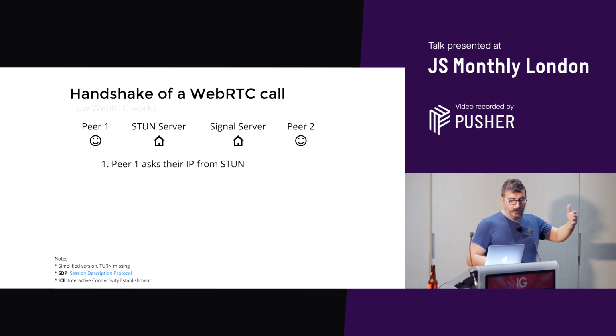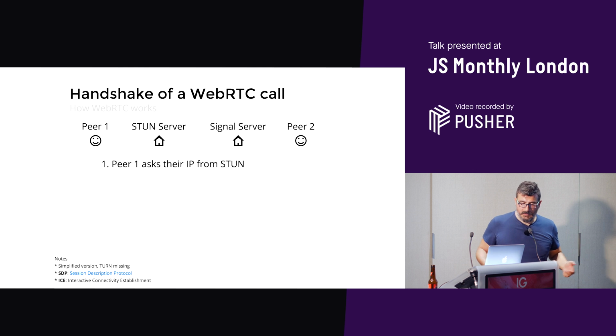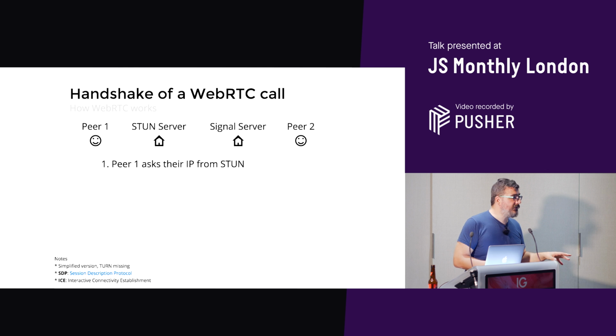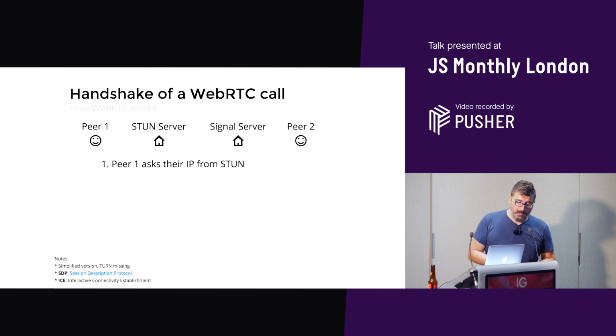This happens through the signal server. That can be a WebSocket-based solution, REST-based solution, doesn't matter. Most of the implementers do it in WebSockets. So let's go through what needs to be done in order to establish a connection. Like I said, the very first step is for peer 1 to ask the STUN server, what is my IP?